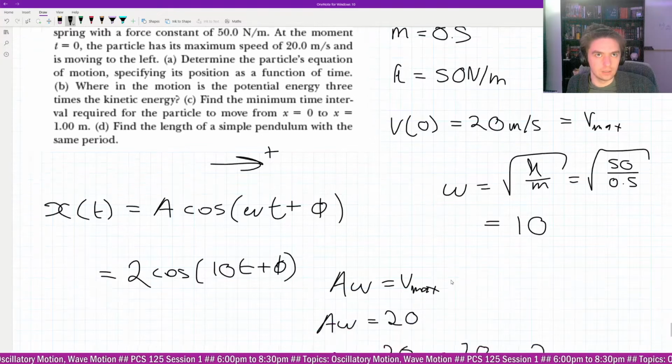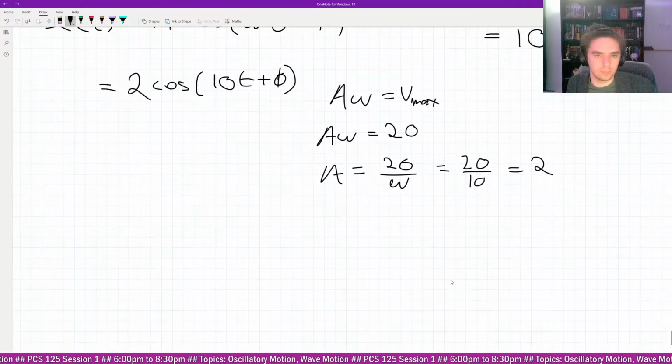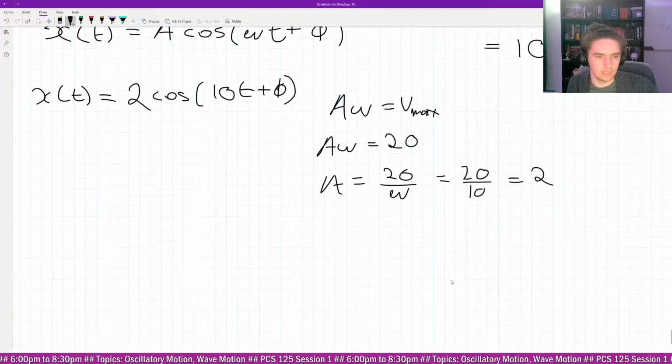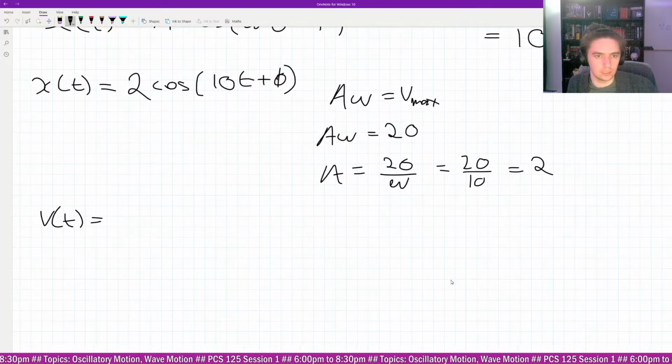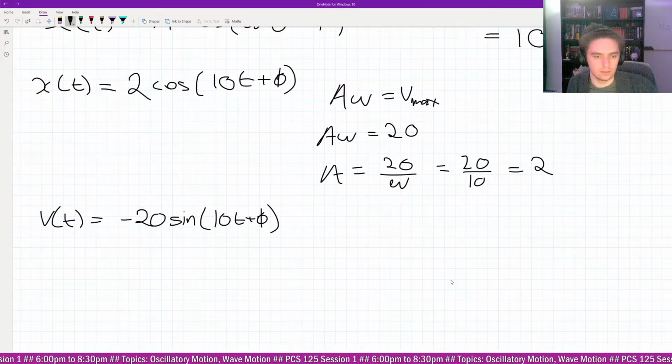So if you imagine what it looks like, this is our x of t. Our v of t is just going to be negative 20 sine(10t plus phi), right?